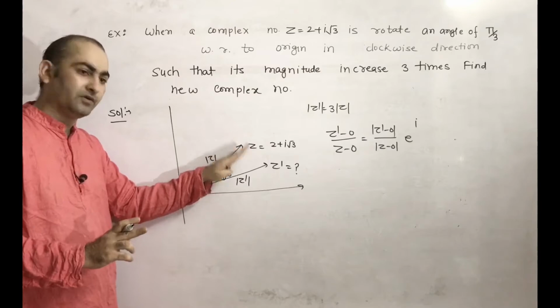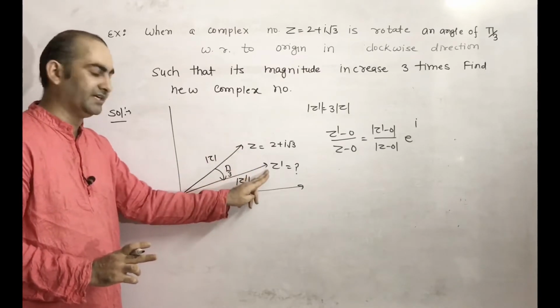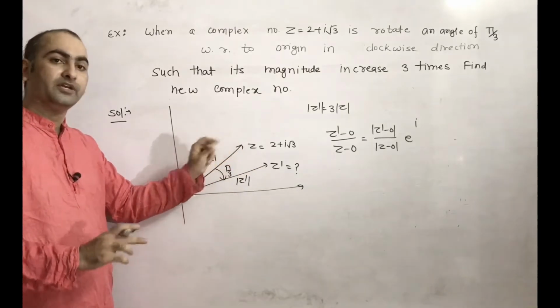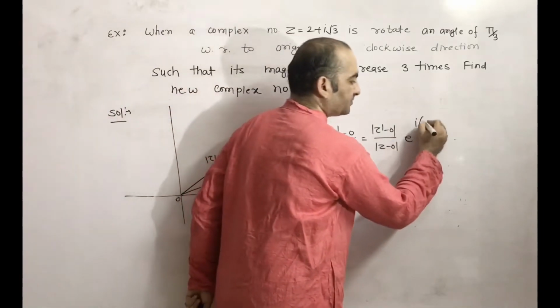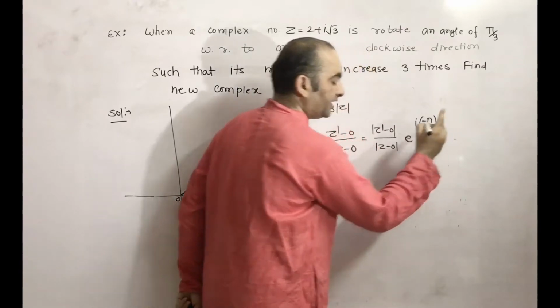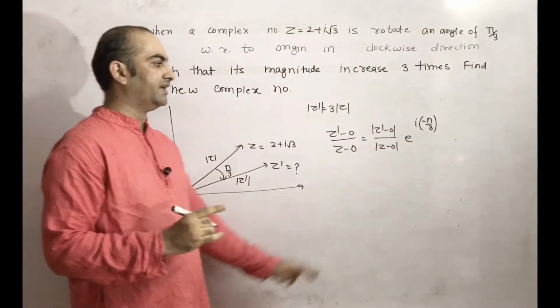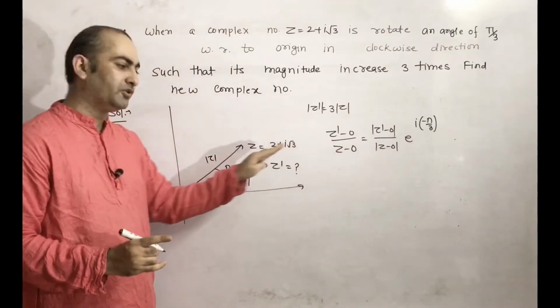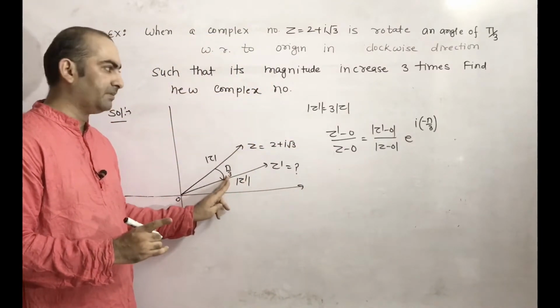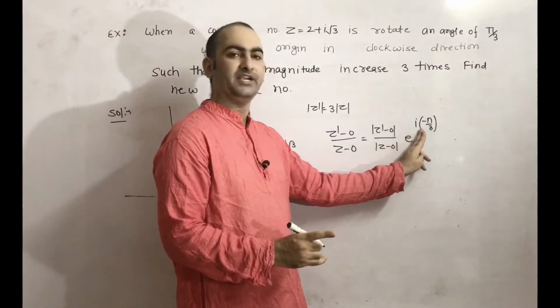In clockwise direction with the angle pi by 3 to get z dash. So we will write e power iota minus pi by 3, because we are rotating in clockwise direction.